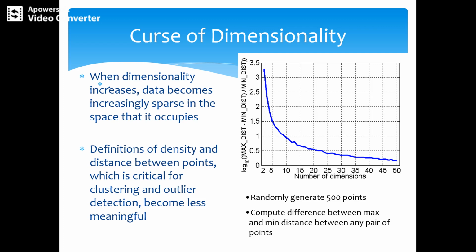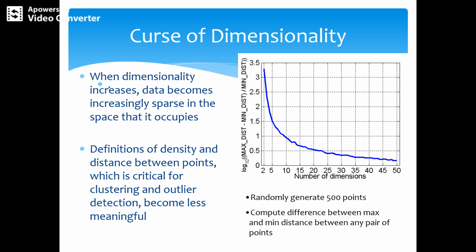The curse of dimensionality refers to the phenomenon that many types of data analysis become significantly harder as the dimensionality of the data increases. Specifically, as dimensionality increases, the data becomes increasingly sparse in the space that it occupies.